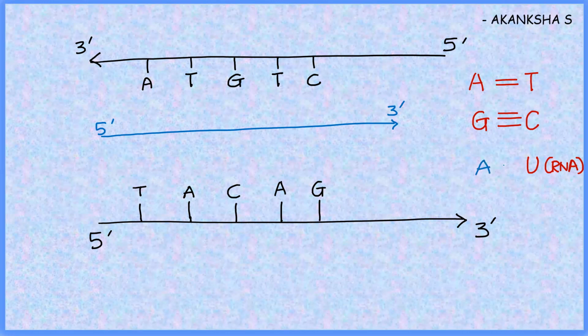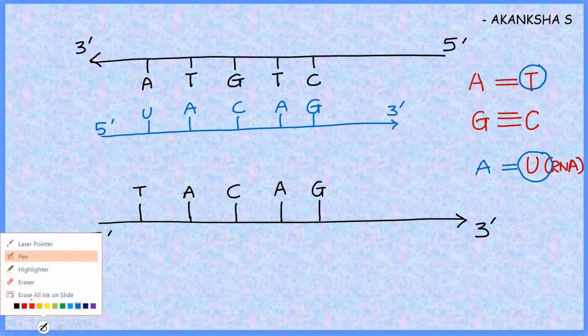So in RNA, there is no such thing as thymine. Instead of thymine, we have a base called uracil. So adenine is going to code for uracil over here. T is A, G is C, T is A again, and this is G.